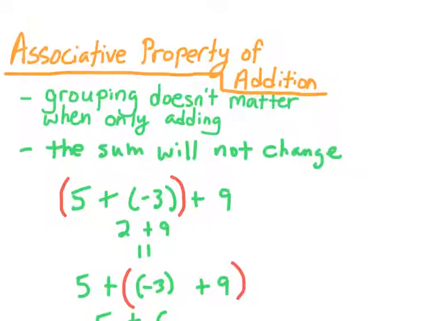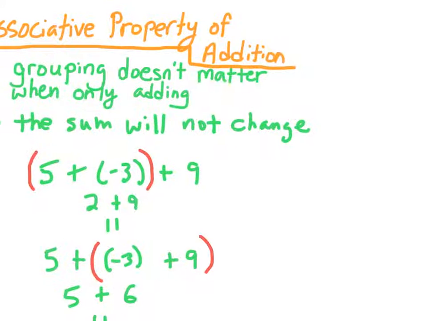Multiplication, we'll get there. So if I change the grouping with subtraction, let me just show you why it doesn't work. Let me go 8 minus 3 minus 10. So what does that equal? Well, let me put some grouping in here. So what does that equal when I go 8 minus 3 minus 10? That equals -5, right?